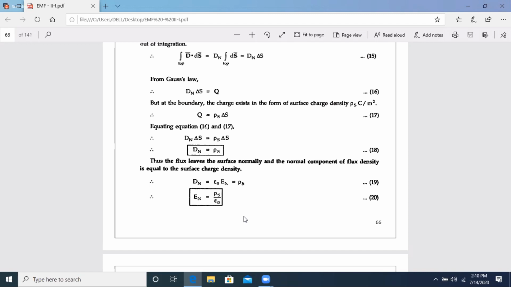So what's E2 tangential? 2AX plus 3AY, the same way. All right. Now, what is the normal one?